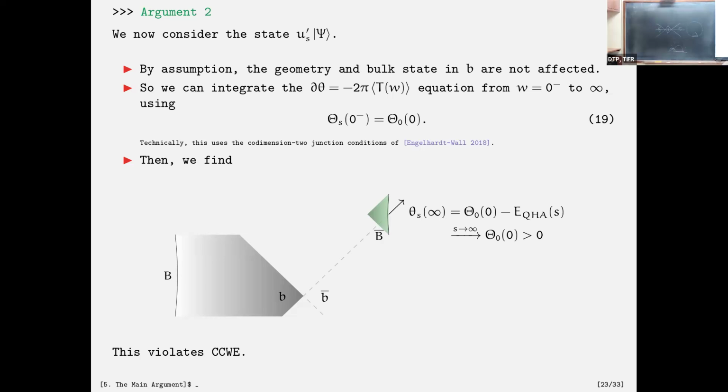And it was important that U prime acts only on one side. It's very important that it acts on one side, otherwise there's no violation of boundary causality. But Ronak, you can take that point to be a little to the left. There also, I cannot quite violate this CCW, right? It depends on how much greater the zero is.